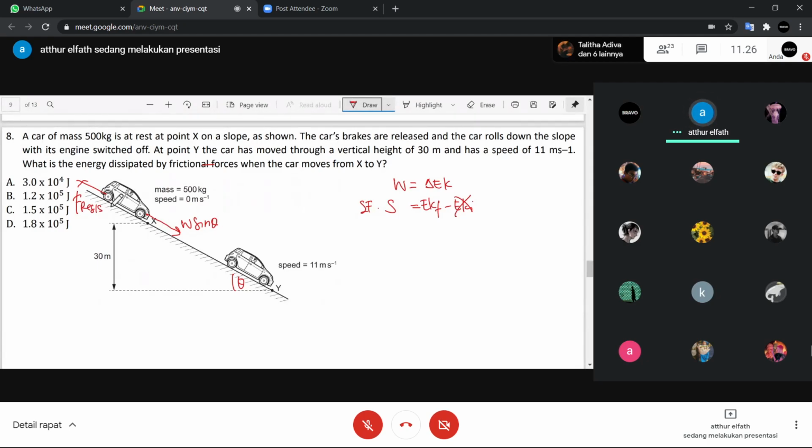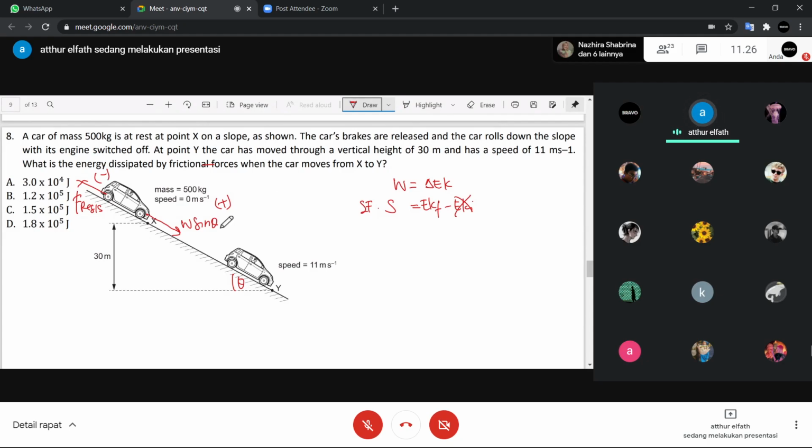The direction of W sin theta and the frictional force are opposite, so we assume the direction down the slope is positive, meanwhile the opposite direction will be negative.